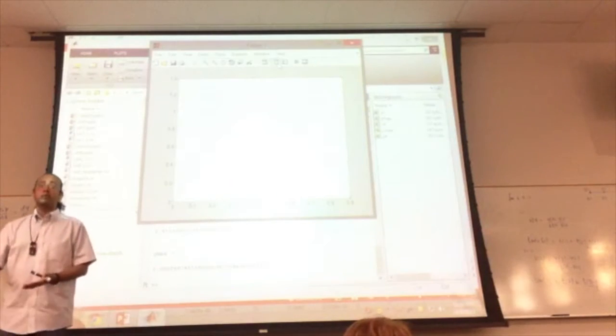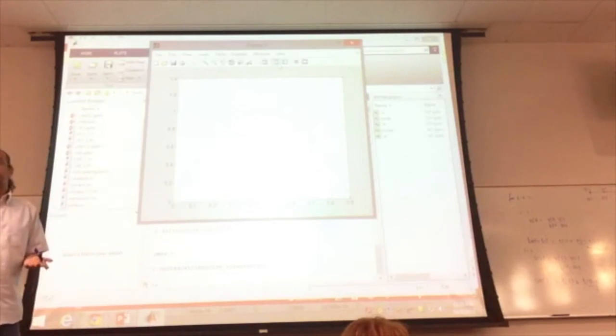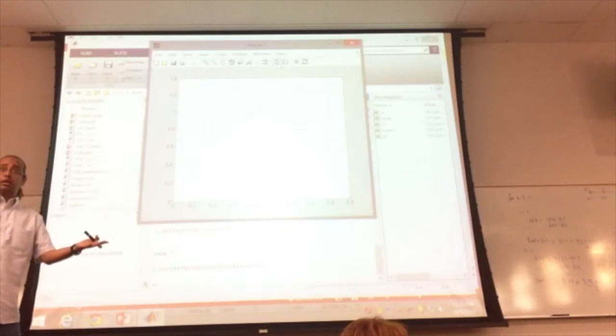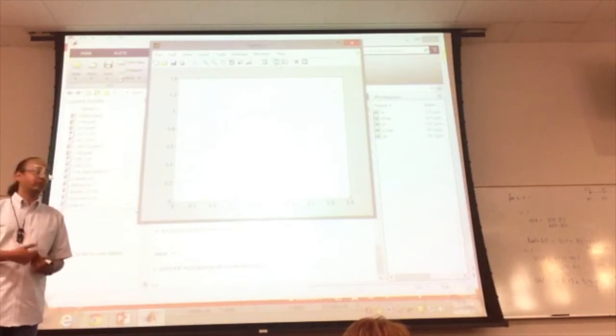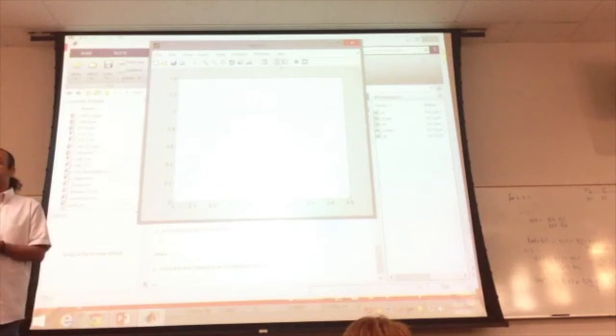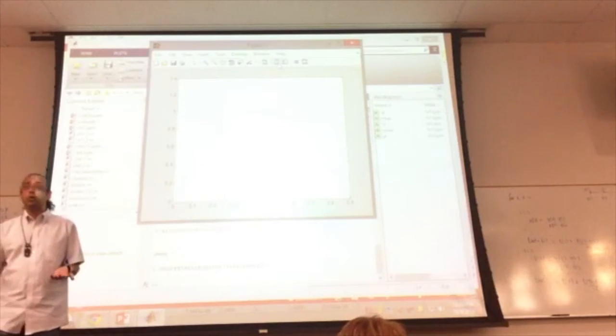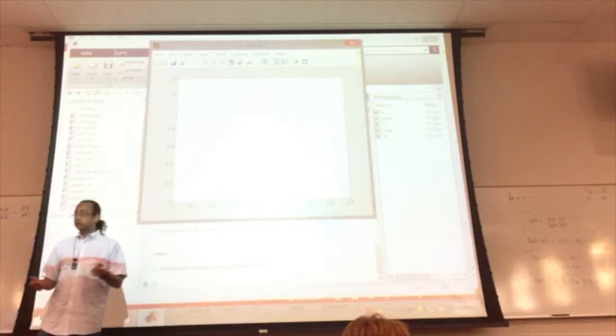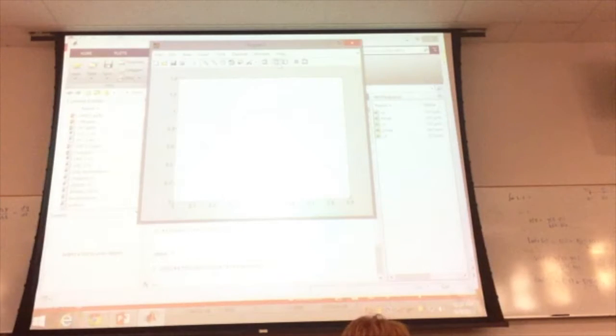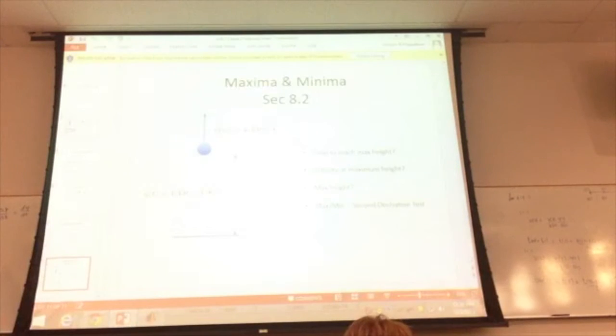Okay? So the slope of the position curve is nothing but the velocity. So as you said, we will differentiate the position, we will get the velocity, and we will set that equal to 0. And when we do that, you're solving for the value of t at which the velocity goes to 0. So the equation is y equals 4.43 t minus 4.905 t squared.